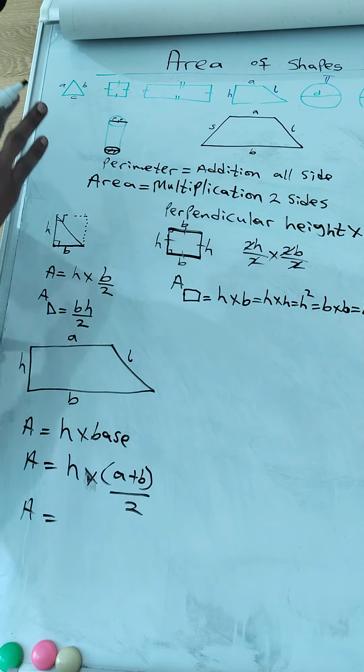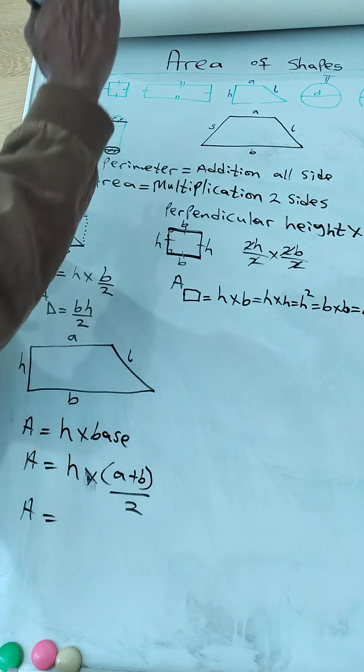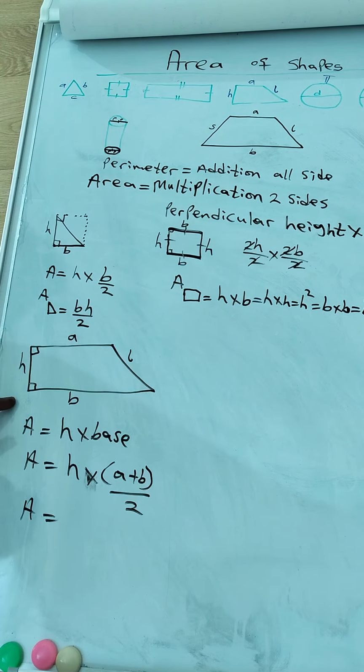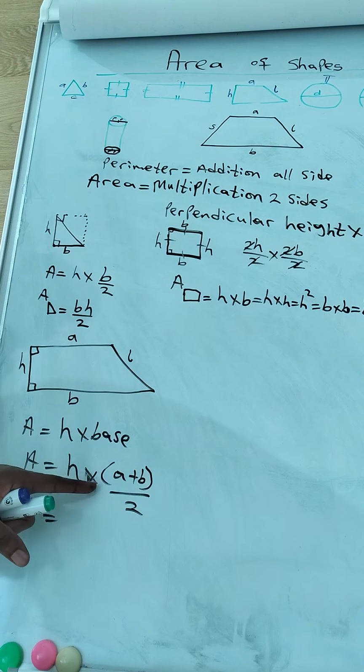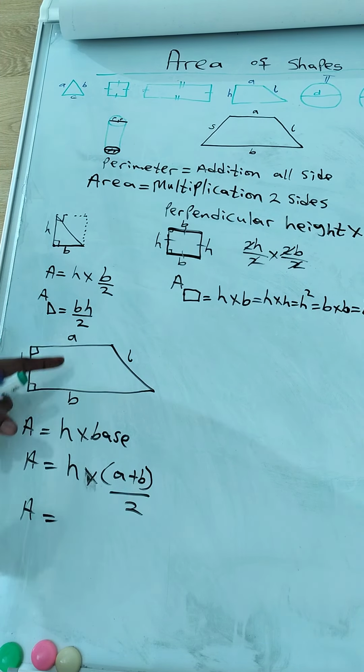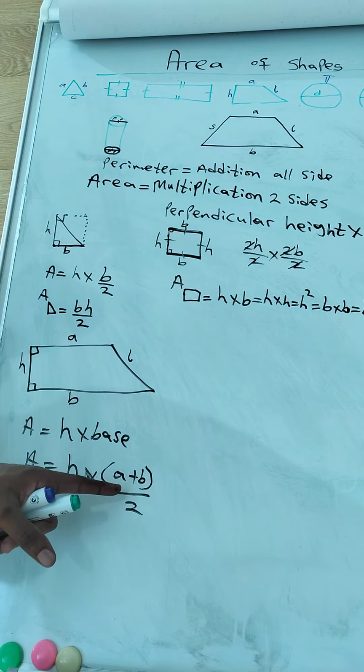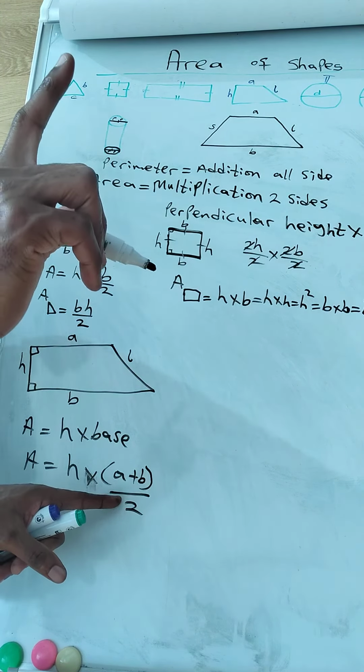Remember, area is the perpendicular height, the one that forms the angle 90. This is the one that forms the angle 90 here. So this is the height of that trapezium. So that's why we say height multiplied by the base. But we have two bases. So we have to add the first base and the second base together and divide by 2, so that we get just one base.